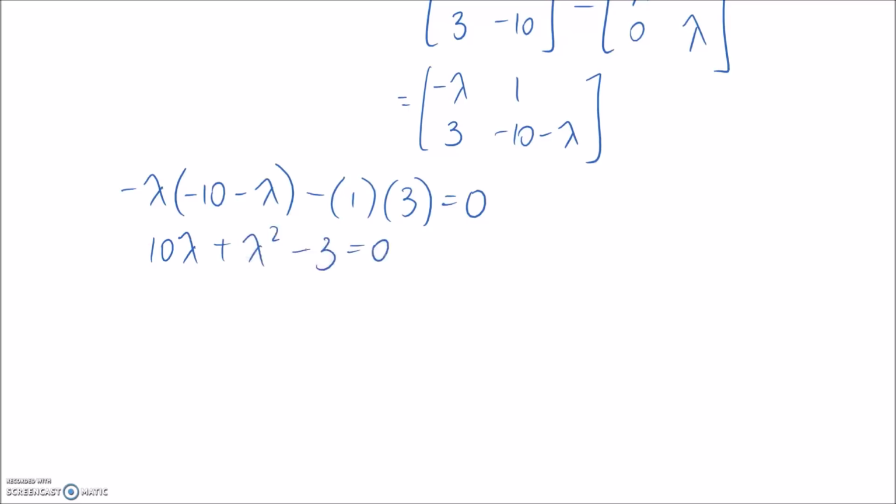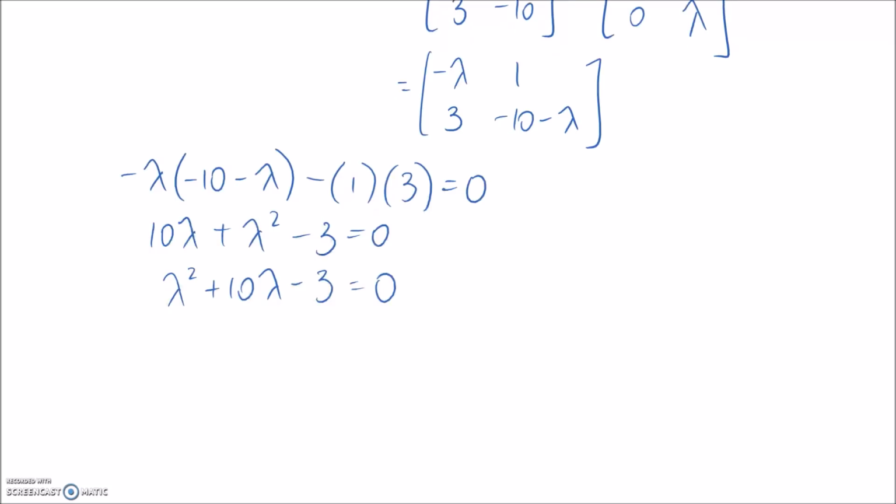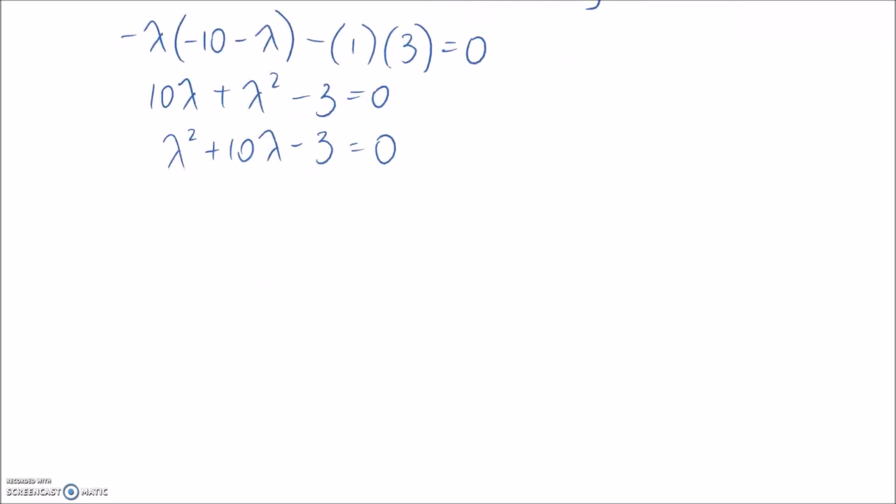And if I rewrite it to have the highest powers down to the lowest powers of lambda, we get that. You can see that this is a quadratic equation, so we're going to need to solve it using the quadratic formula. The number at the front of the squared term is a 1, the number at the front here is 10, and the constant on the end is negative 3.